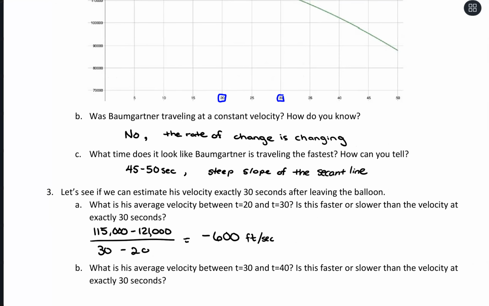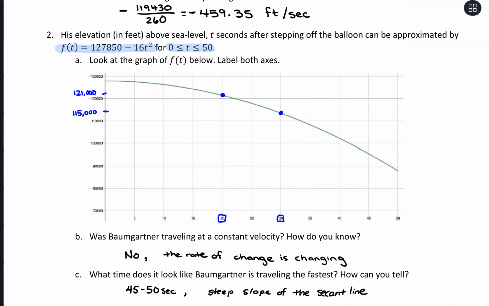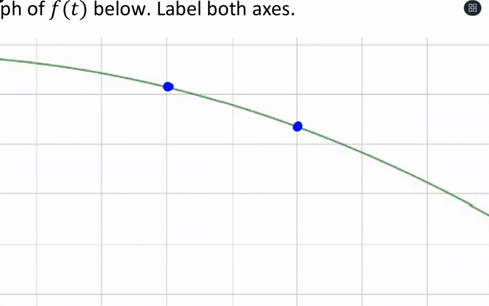Okay, is this faster or slower than the velocity at exactly 30 seconds? What we're doing here is trying to make a comparison of the slope of the secant line, which would look something like this, and the slope of the tangent line, which would look something like this.